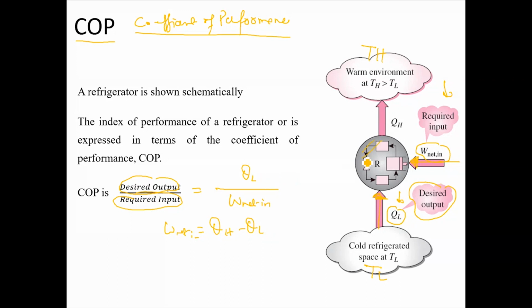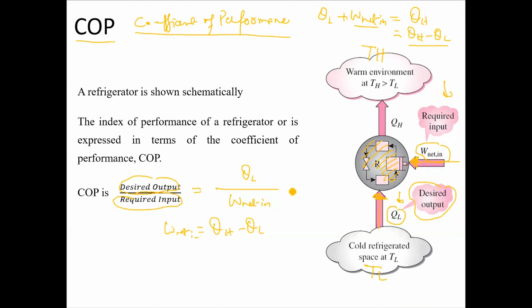If you take this as your device, what is the energy coming into the system? QL plus work net in. They are coming into the system, and Q out or QH is moving out. So work net in is essentially QH minus QL. Clear enough?